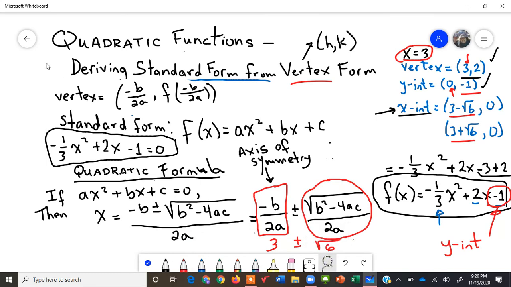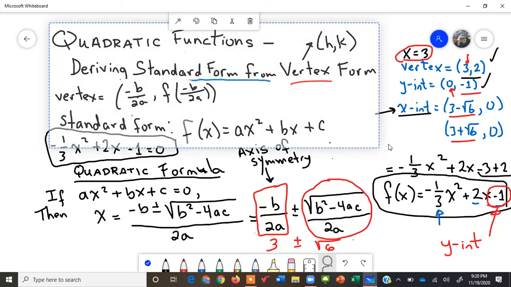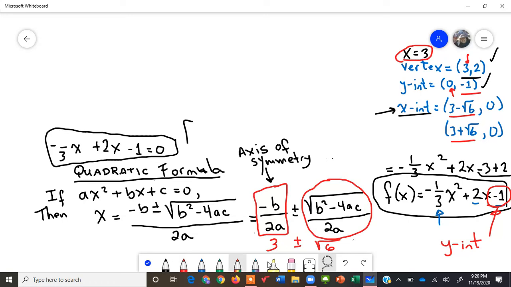So let me clear up some room here. We already know the negative b over 2a part is 3.